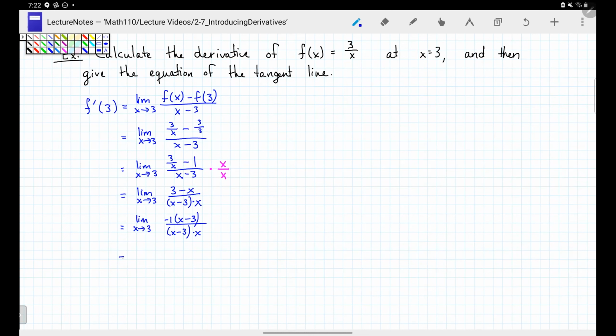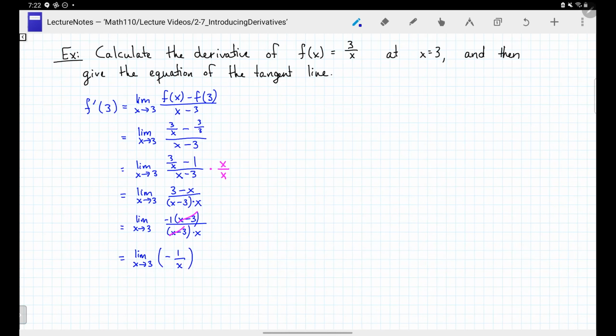And now I can cancel that common factor of x minus 3, and I get the limit as x approaches 3 of -1 divided by x.